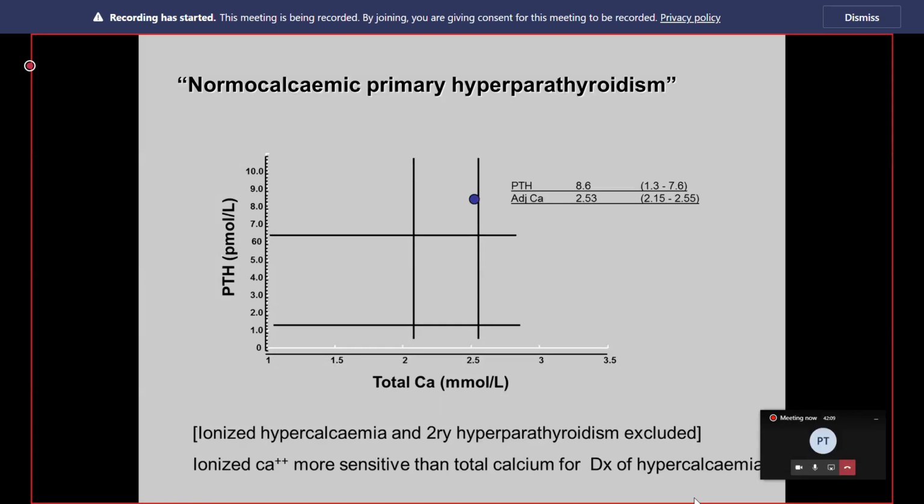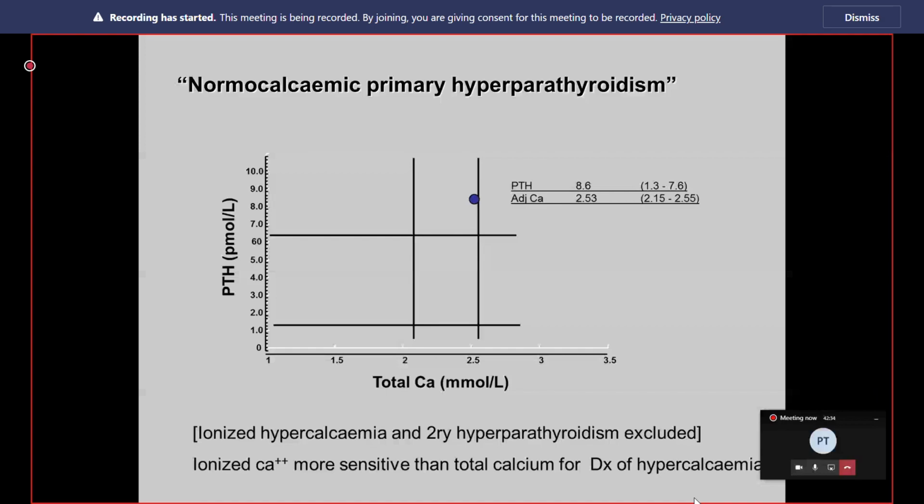These are patients who present with signs or symptoms of primary hyperparathyroidism, like nephrolithiasis or osteoporosis or fracture, and their calcium is normal. However, their PTH is increased. And so the diagnosis of normal calcemic primary hyperparathyroidism can be made. It's a diagnosis of exclusion.